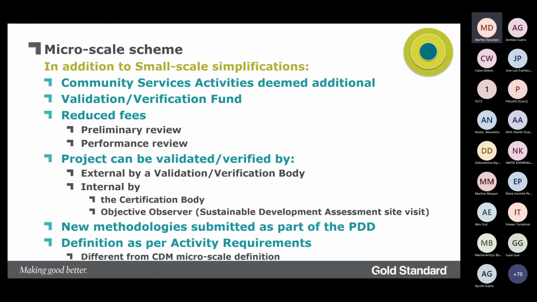So how big the project needs to be to qualify for micro is defined in the activity requirements. As we said, there's community services activity requirements, renewable energy activity requirements, and land use and forests. So very important to note, there is a CDM definition, the Clean Development Mechanism definition of microscale, and that is different from Gold Standard's.